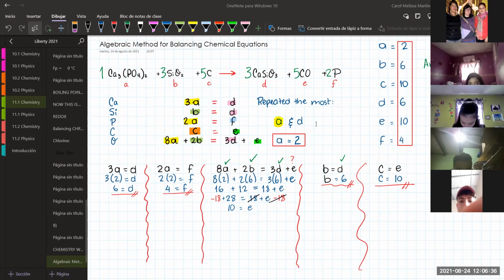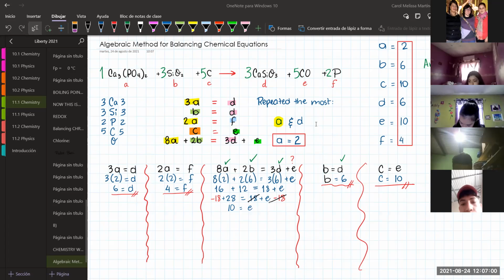So just to compare, I have 3 and 3. I have 2 phosphorus here and 2 on the right. I have 5 carbons on the left, 5 carbons on the right.